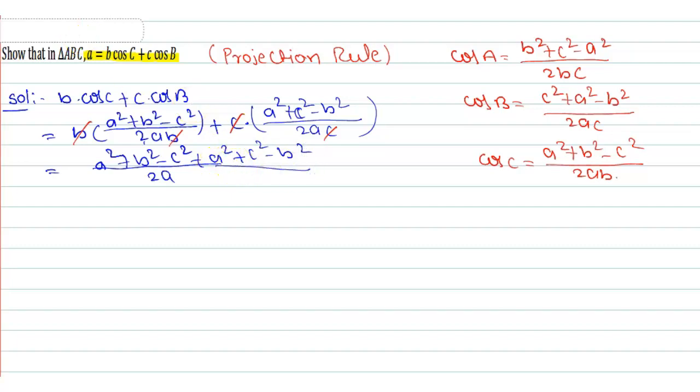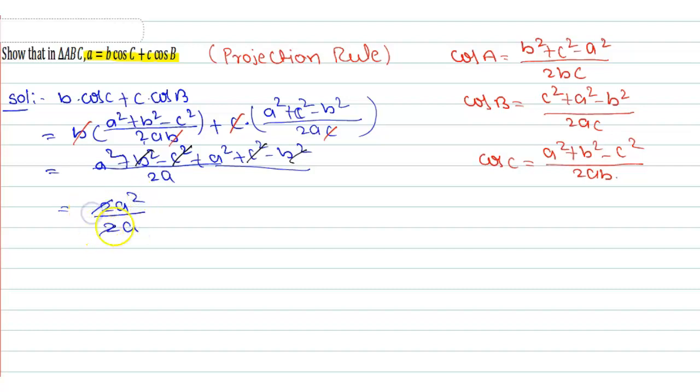Now I can cancel similar values, plus and minus. Minus c square plus c square cancel, plus b square minus b square cancel. Here the leftover value is 2a square by 2a.